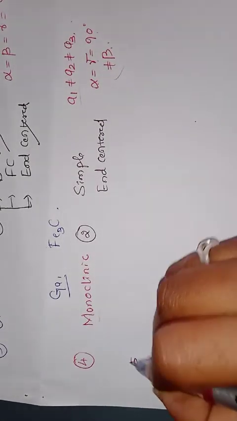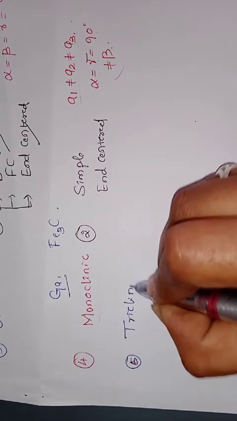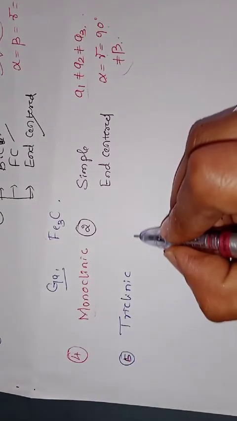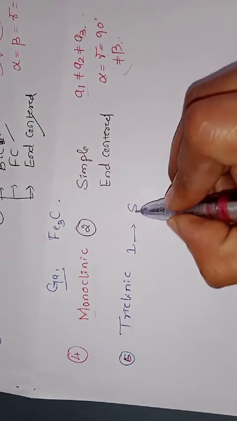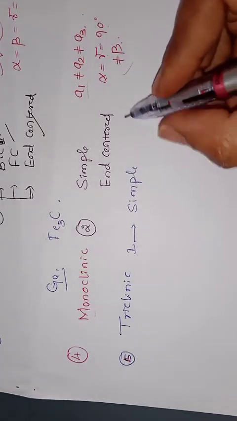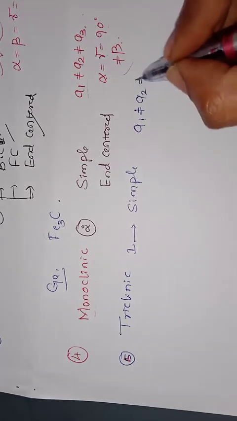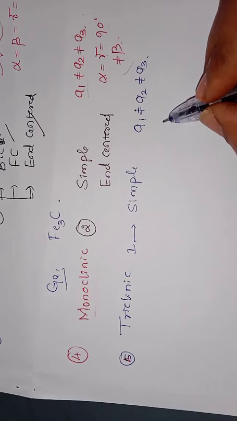Then the fifth one is triclinic. How many lattices are here? There is only one lattice. Number of lattices is 1, which is simple. Here the parameters are A1 not equal to A2, not equal to A3, means the lengths are different.